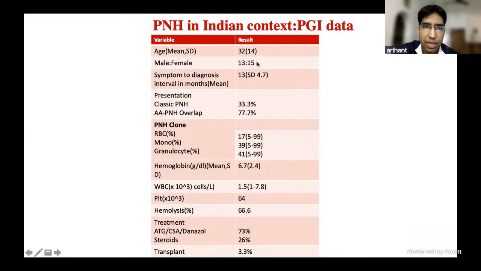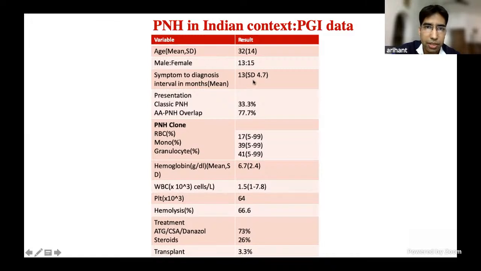Here the median age in this cohort is 32. The male to female ratio is similar, and I don't think the initial hypothesis of a higher male predominance holds true.